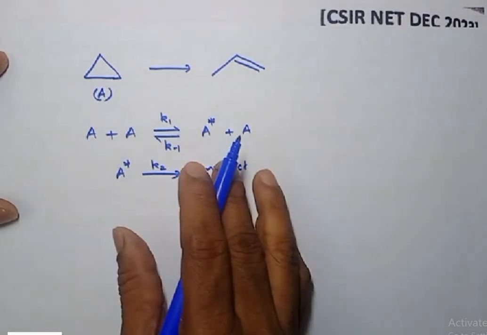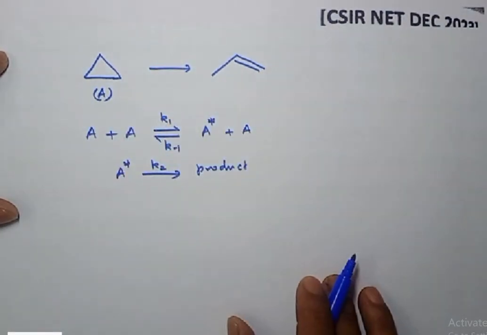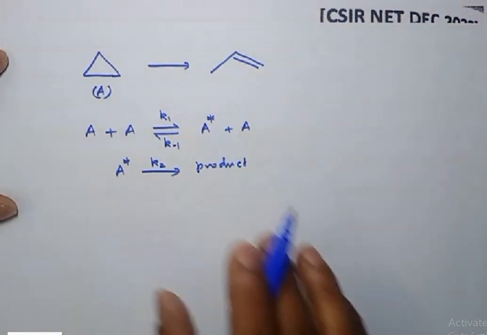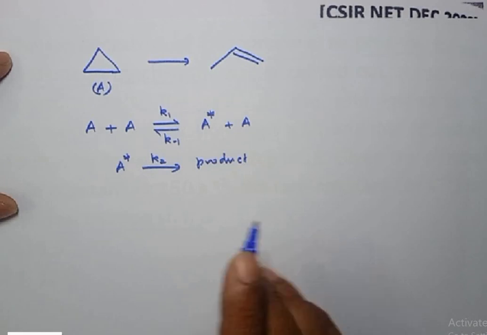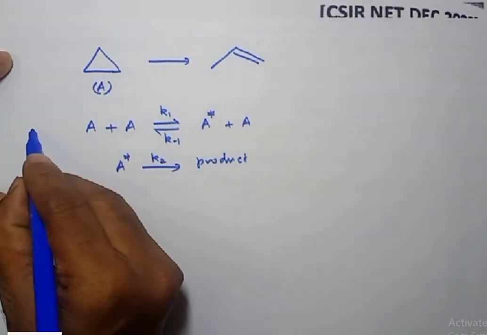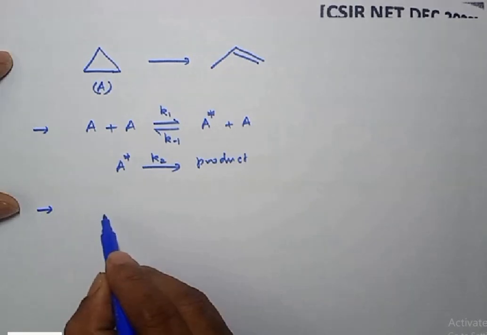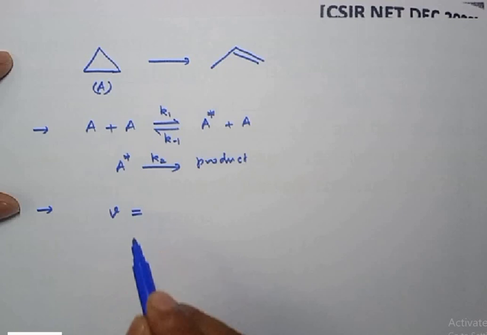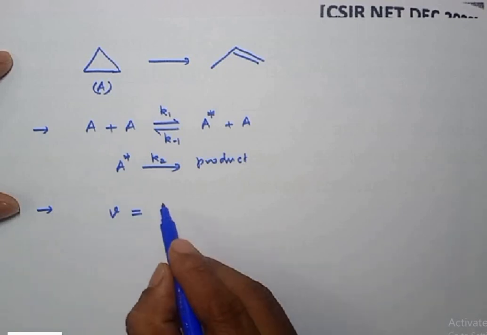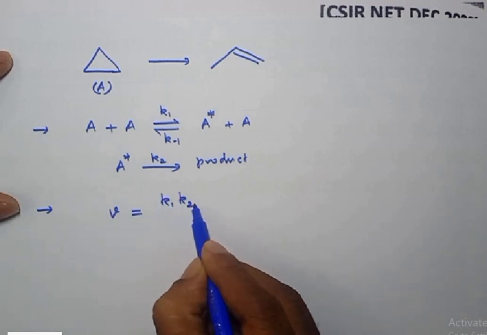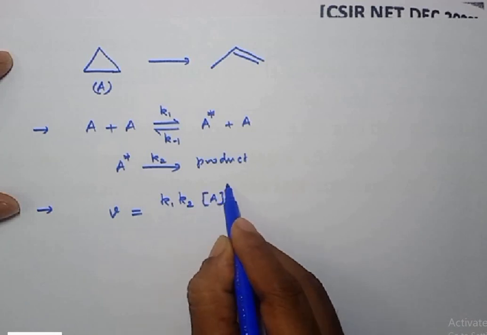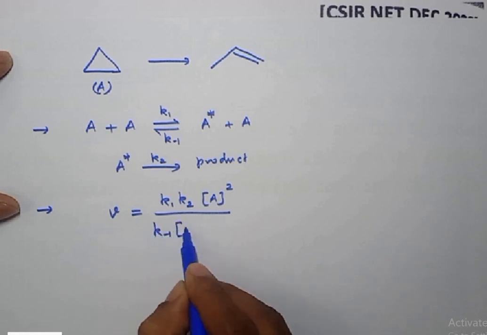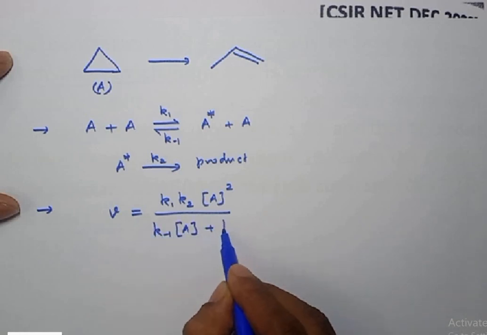And you know very well how to derive the expression for the rate of the reaction for a unimolecular reaction as per the Lindemann mechanism. So what is the rate expression? Rate of the reaction, let me write V. V means rate of this reaction, V is equal to K1 K2 [A]^2 divided by (K-1 [A] + K2).